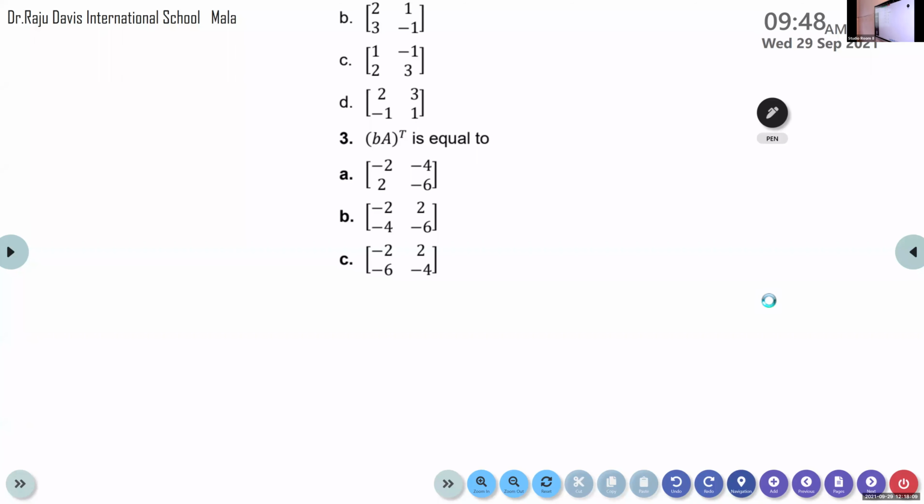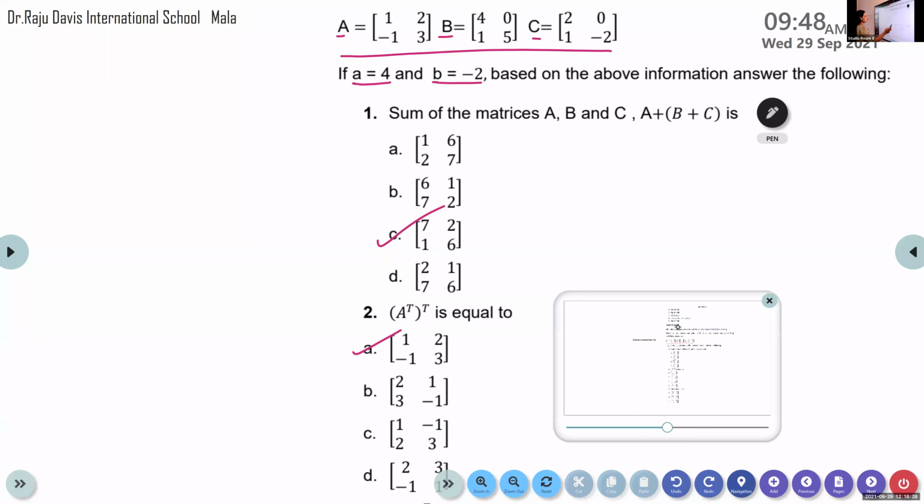Third one. What is the answer? Tomlin, third one. What is B into A transpose? What is B into A?